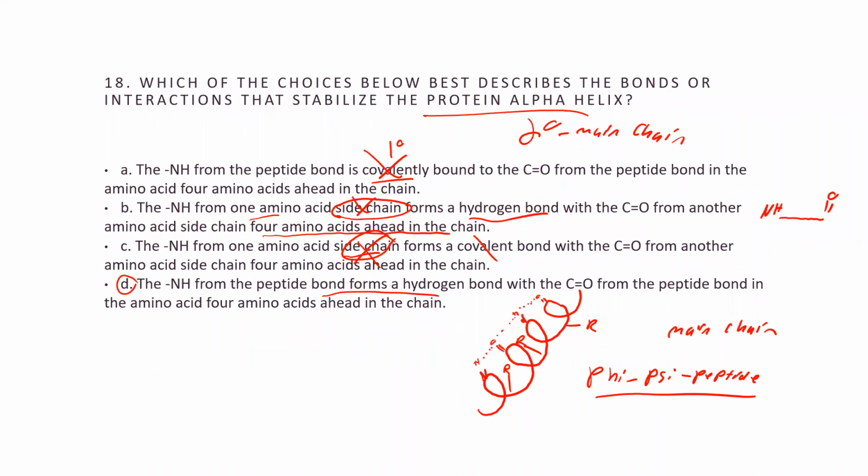Now, what if I had amino acids that were like this? What would this be? A beta sheet, right?